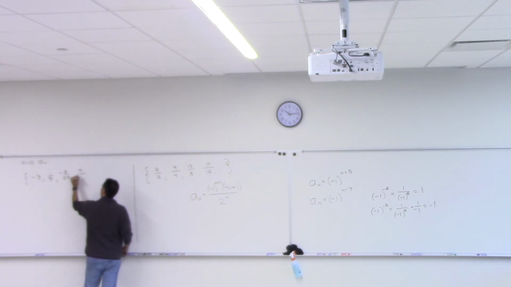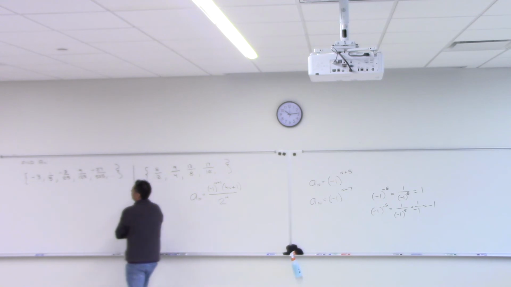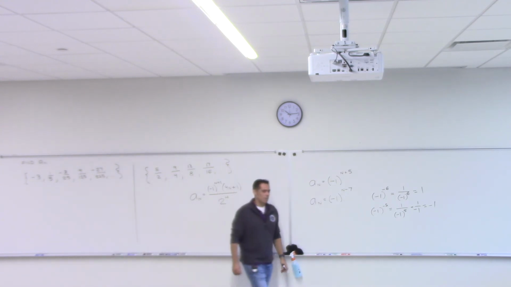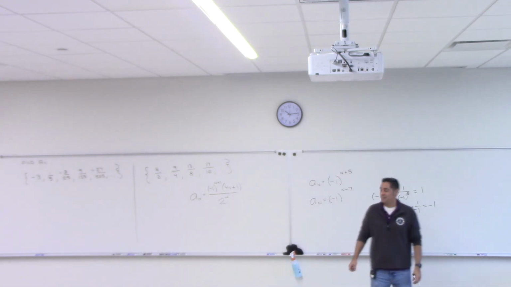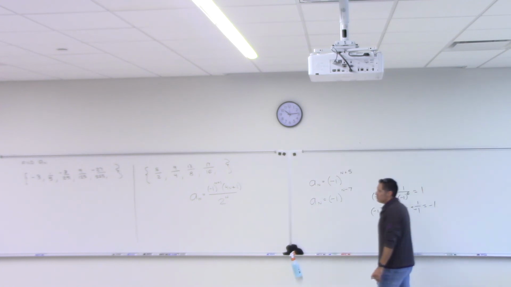Positive 9 over 125. Negative 27 over 525. God, I hope I did that right. I was doing it in my head. So, yeah, I think it's right.